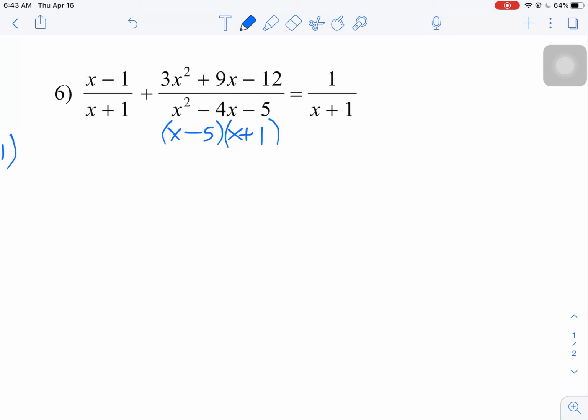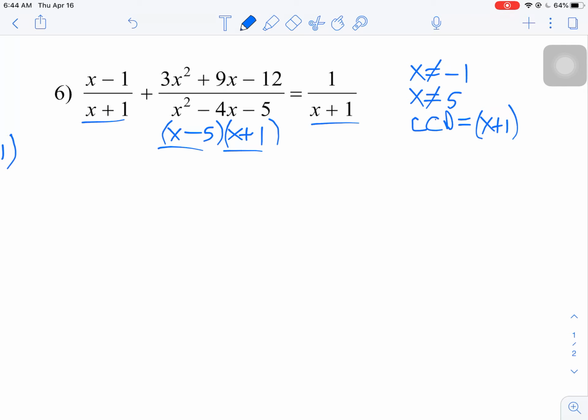So for domain restrictions, x cannot be equal to -1, because if it was, it would make this and this and this equal to 0, and we can't divide by 0, it's undefined. And then x cannot be equal to 5, because if it was, this would be equal to 0, and we can't divide by 0.